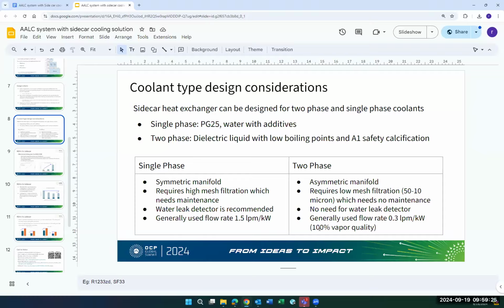Yeah, I understand. Leak detection is important in both aspects because these two-phase liquids are a little bit more expensive than PG25 or water. The administrator would want to know if there is a leak and it's draining, which means they need some kind of sensor to identify the leak and report it.